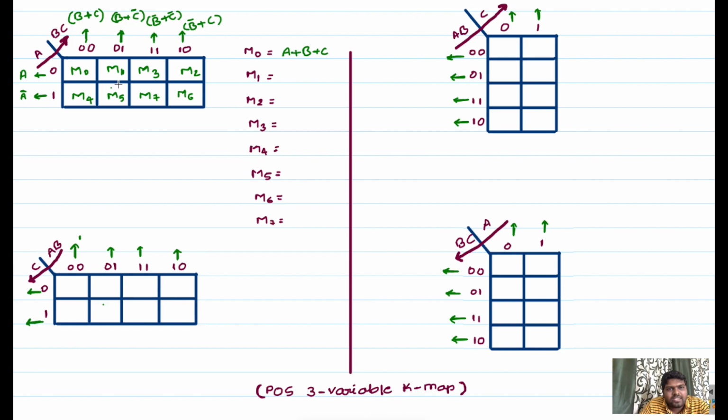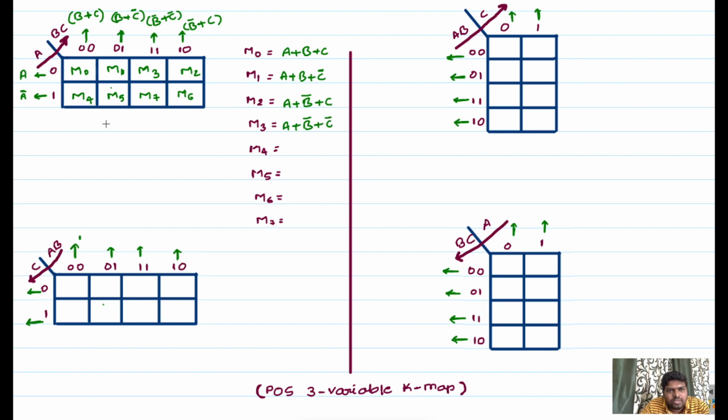Next M1, this box is associated with A and B plus C bar, so A plus B plus C bar, and in the same way M2 is A plus B bar plus C, and M3 is A plus B bar plus C bar.